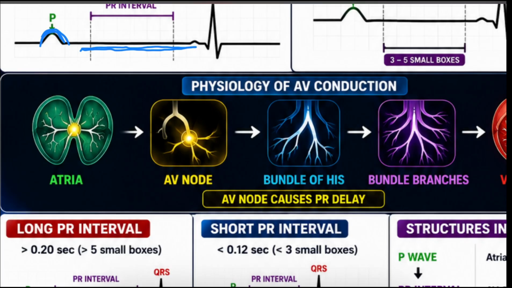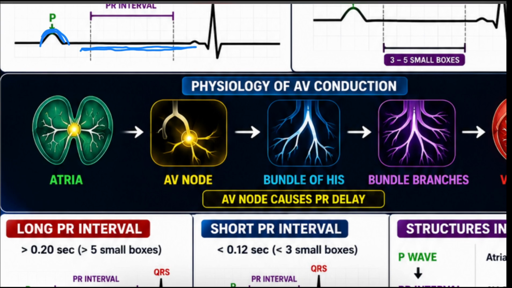Without this delay, heart pumping becomes insufficient. So the AV node delay lets the atria finish pumping blood, the ventricles fill properly, then contract, giving good cardiac output.